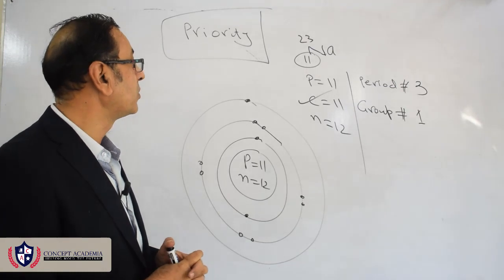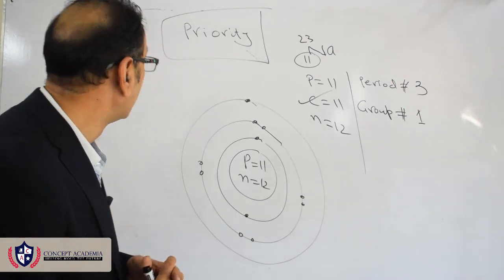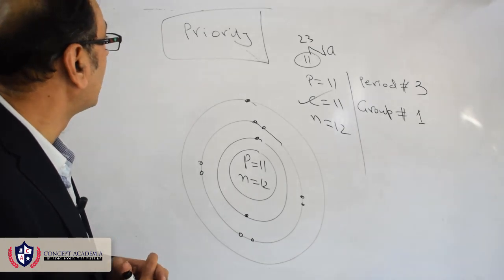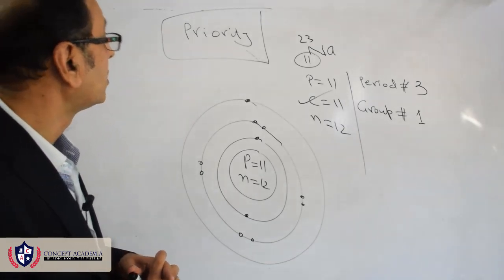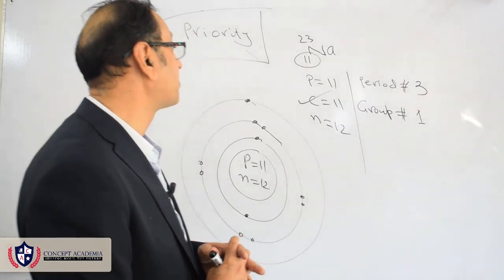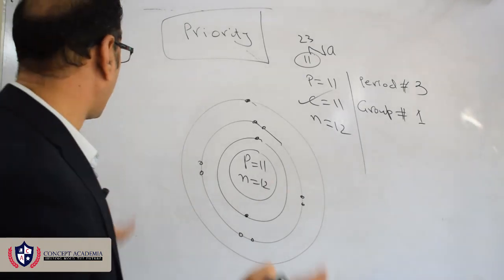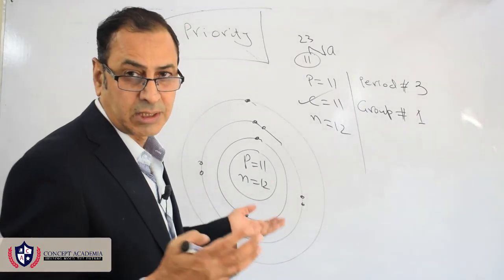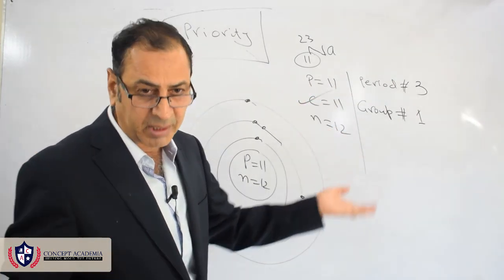I would like to repeat that when you have to draw the electronic configuration, priority number 1 must be given to the period number. Priority number 2 should be given to the group number, and the last priority will be given to the 2n square rule. The period number tells us the number of shells.